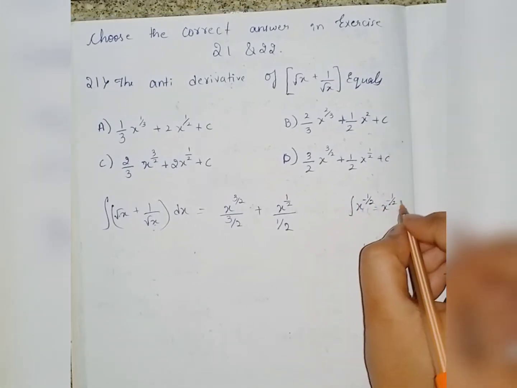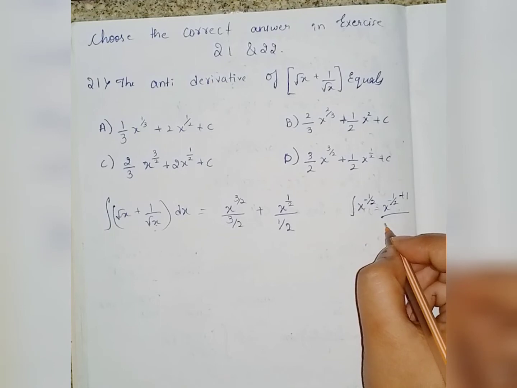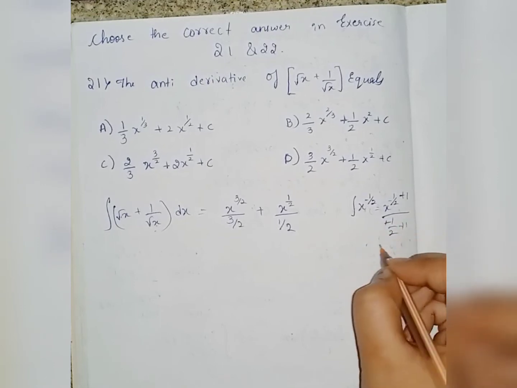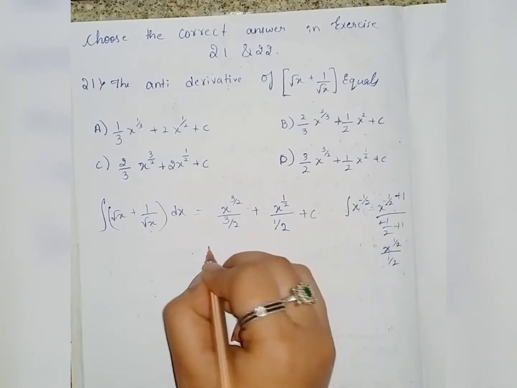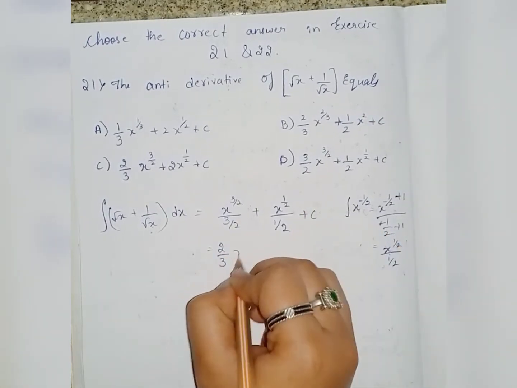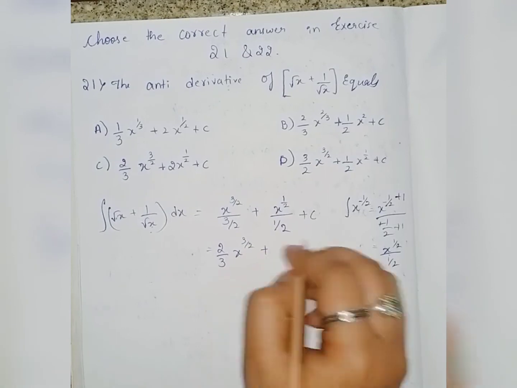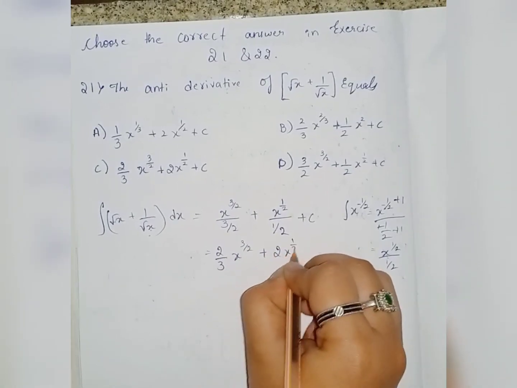Integration of x to the power minus half is x to the power minus half plus 1 by minus half plus 1. Minus half plus 1 is half, so x to the power half by 1 by 2, plus c. And this is 2 by 3 x to the power 3 by 2 plus 2 x to the power half plus c.